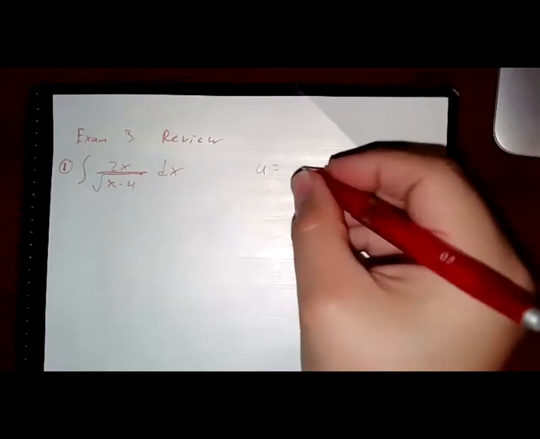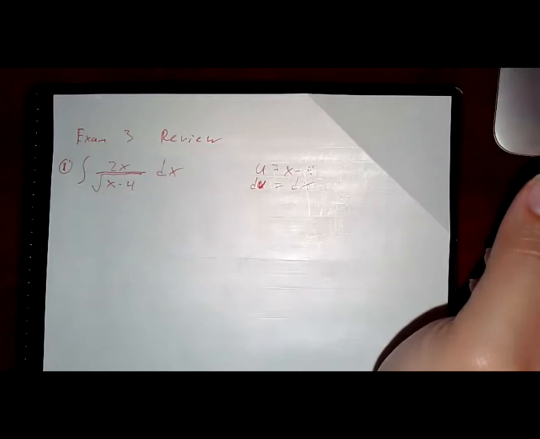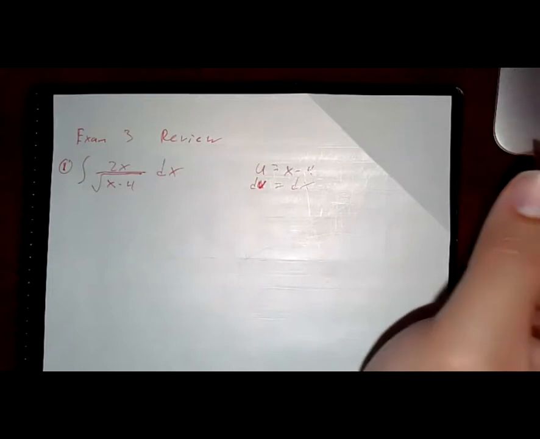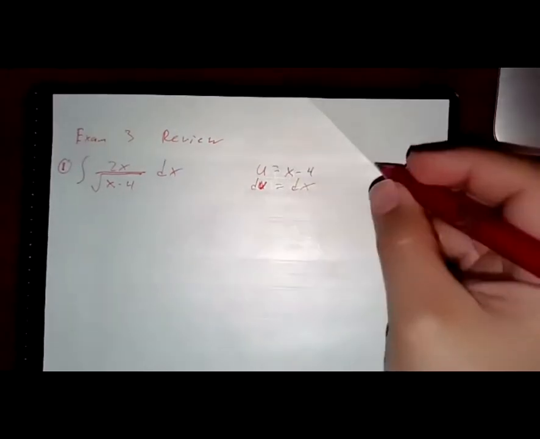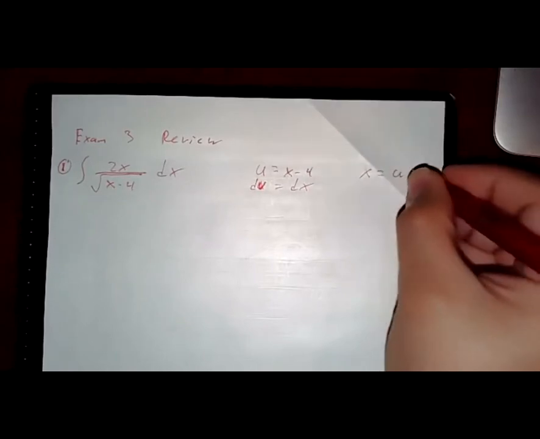So I'm going to try u equals x minus 4, see if it works. du is equal to dx, right? But what is x equal to? Solve for x. x would be equal to u plus 4, right?